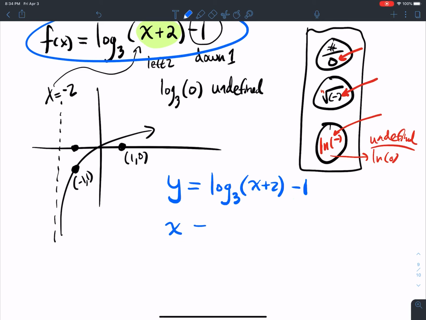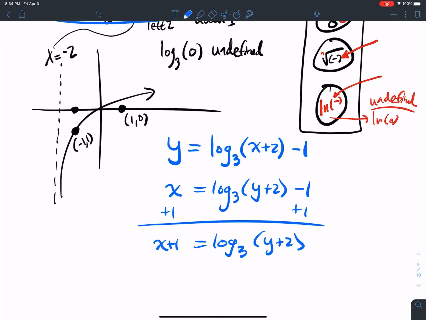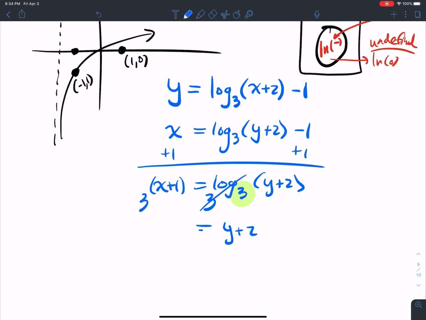So I'll swap x with y, and then I'm going to solve for y. So I'm going to add 1 to both sides, so I get x plus 1 equals log base 3 of y plus 2. How do I get rid of a log base 3? I look at my base is 3, so I'm going to raise both sides to the 3. Cancel, so I get y plus 2 equals 3 to the x plus 1, and then minus 2 and minus 2. So y is equal to 3 to the x plus 1, minus 2.